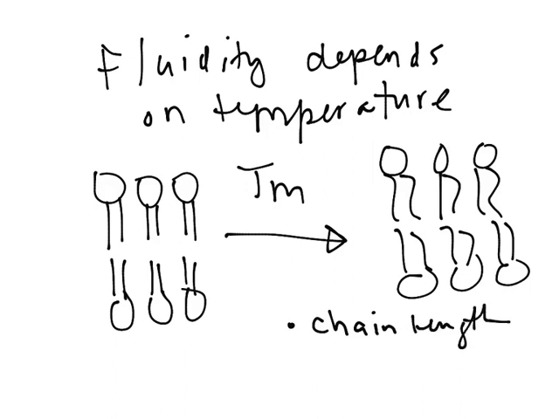So the longer the fatty acyl tail, the more van der Waals interactions you'll have between those tail groups. So it will take more heat to break those interactions up. And it also depends on the degree of saturation. So the more double bonds you have in those fatty acids, the more kinks in the hydrophobic tails, the easier it is to break them up.